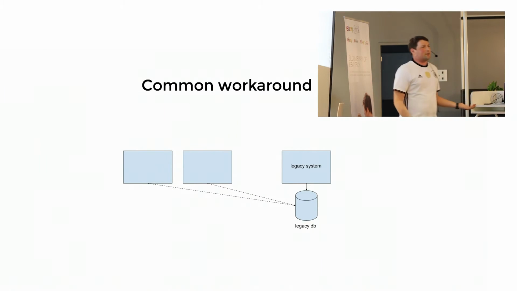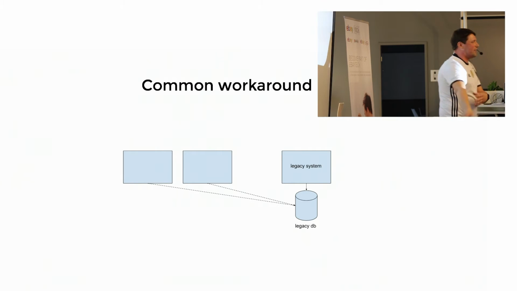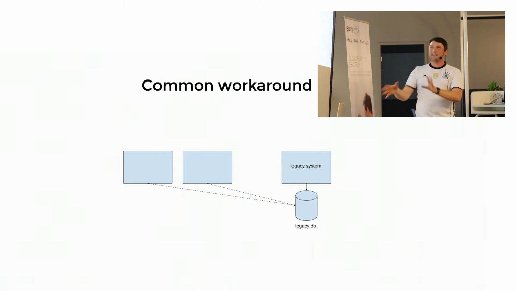A common workaround, I've done this a couple of times myself, and I've also seen other people doing this, is this: you have the legacy system and obviously it has a single database. So all the data of the old system is in just one single database.